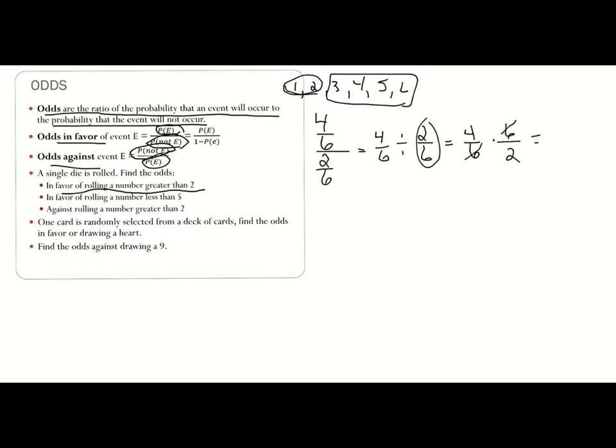And if you want, you can just multiply straight across. We have 4/2, or it simplifies to 2/1. So the ratio would be 2/1, or the odds. I have 2/1 odds in favor of rolling a number greater than 2.